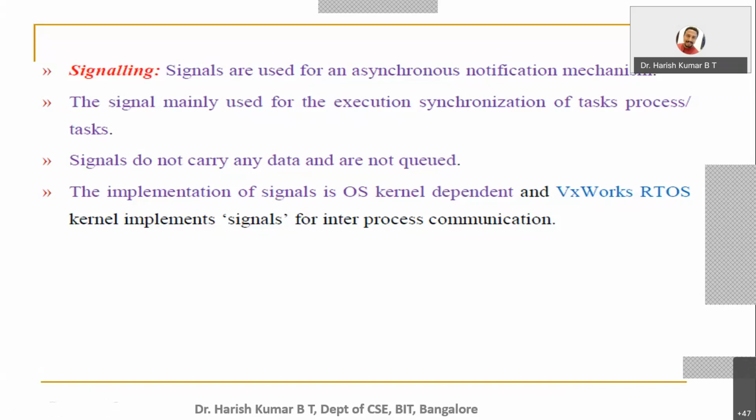Instead, it is used for synchronizing the execution sequence between multiple processes, like who should execute first, and after that process, who should execute next. For this purpose, the signaling technique of the message passing mechanism is used. Signals do not carry any data and are not queued. So signals are basically used for controlling the execution synchronization between multiple tasks.